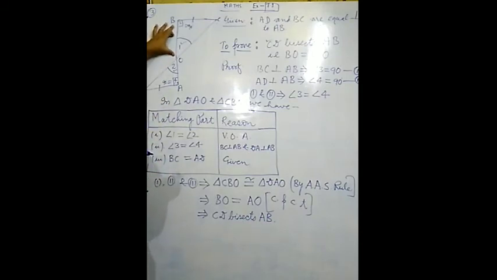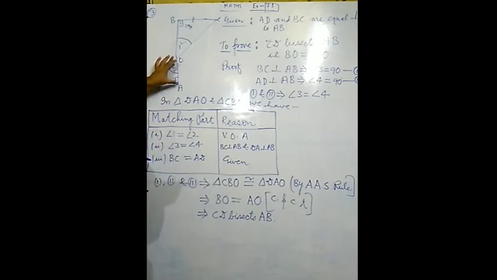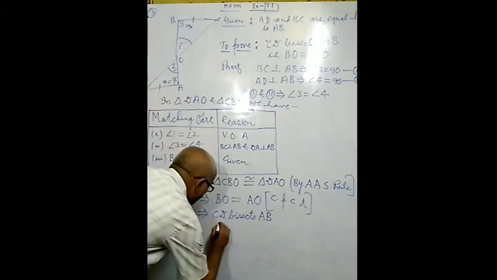The first part is BO and the second equal part is AO. So the role of CD is just as a bisector of AB. We have proved it here. Hence proved.